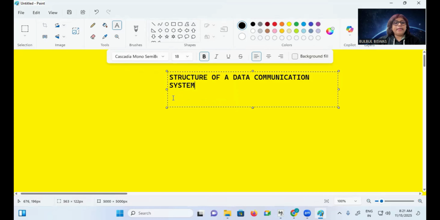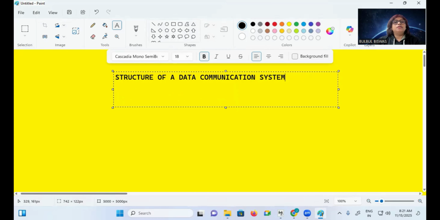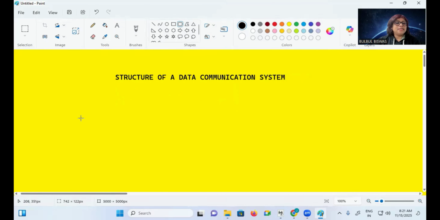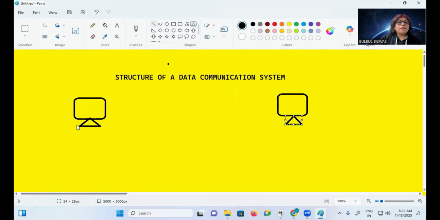When a data communication system is configured, the foremost thing we must need is a device which we call a sender. Once we configure a sender, of course we must need a receiver. The sender and receiver are connected through some medium.